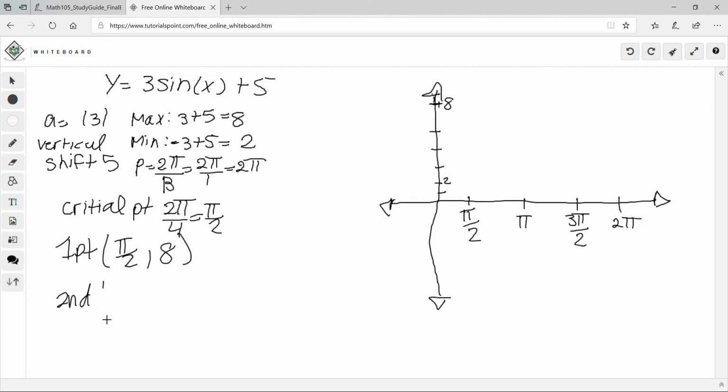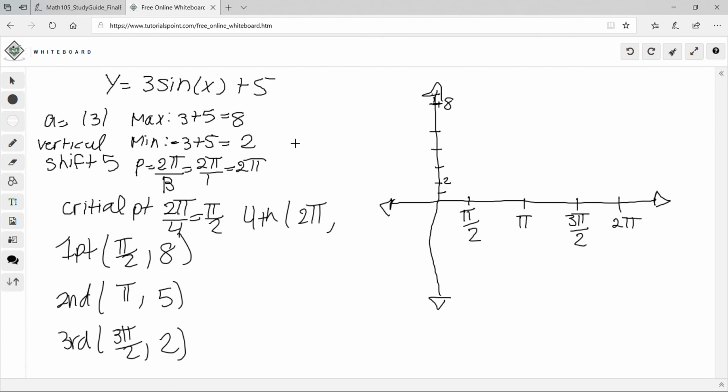The second point is pi, and when you plug in pi, you get positive 5. The third point is 3 pi halves, and when you plug in 3 pi halves, you get positive 2. The fourth is 2 pi, and when you plug in 2 pi, you get positive 5. And the fifth is 0, and when you plug in 0, you get positive 5.